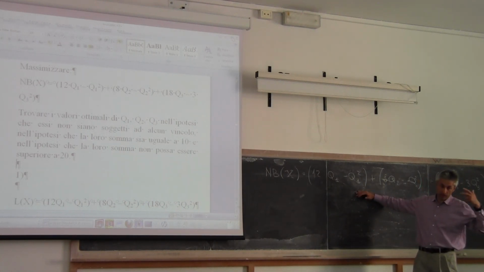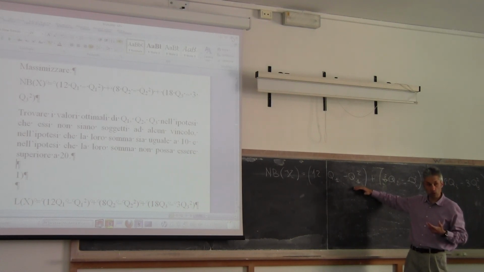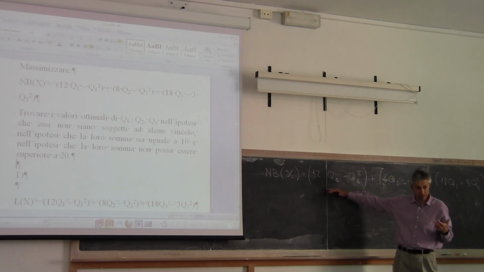You can already understand that the fact that the cost depends on the square of the flow determines a situation in which for a given limiting value of the flow, you may have costs that are higher than the gain.